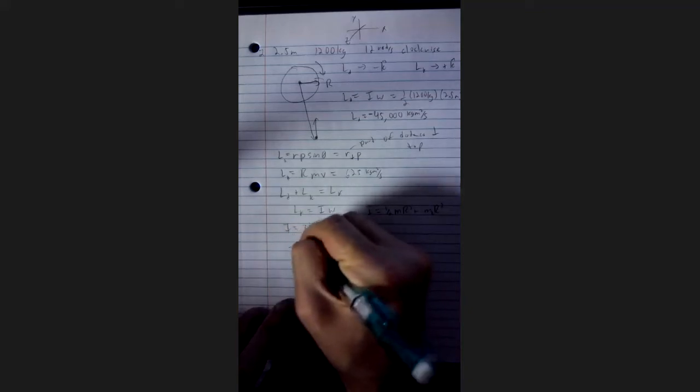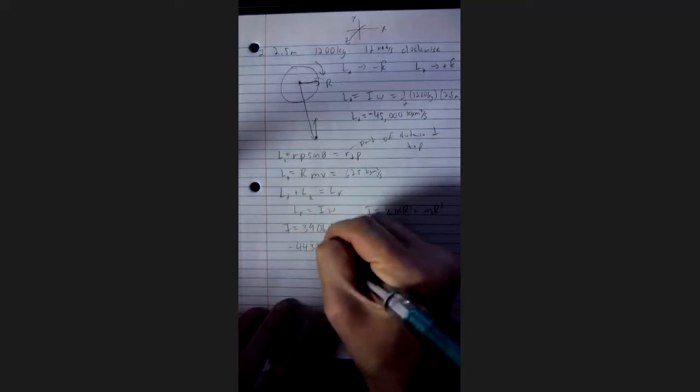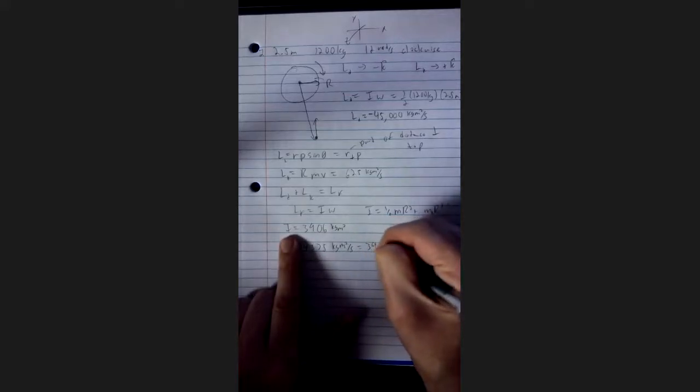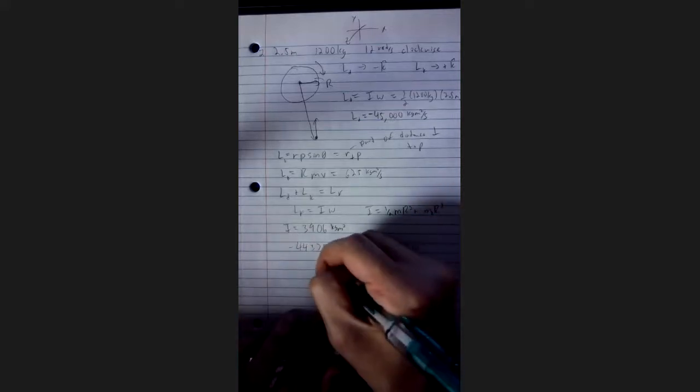Okay, so now we can put everything together. The angular momentum of our disk, which is negative 45,000, plus the angular momentum of our kid, which is 625, so that's minus 44,375, has to equal the moment of inertia of our kid plus disk combo times its new angular velocity.